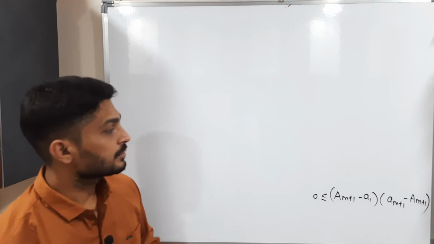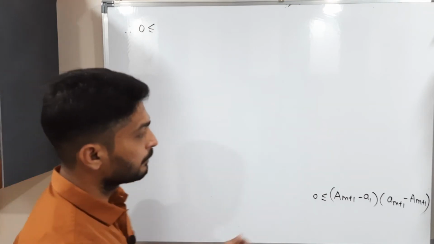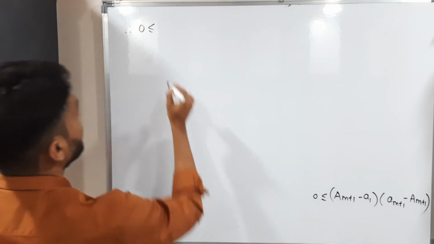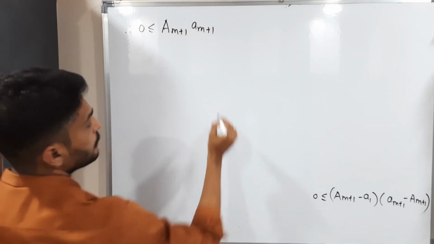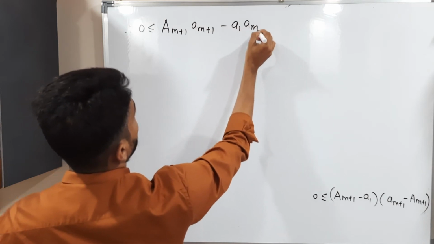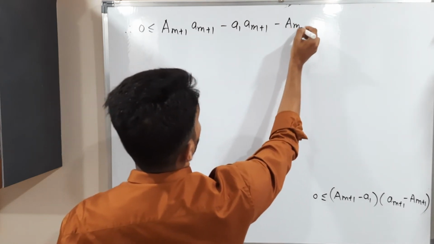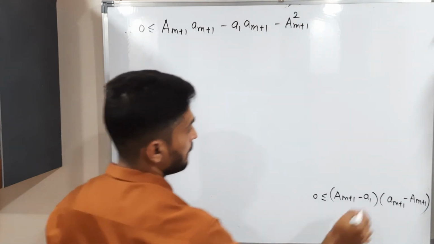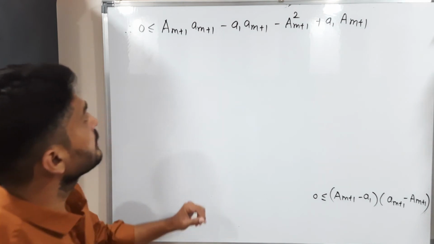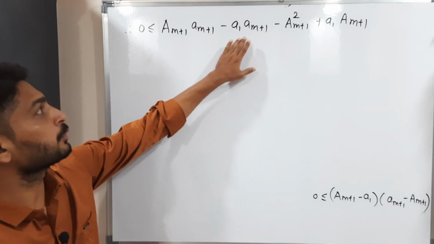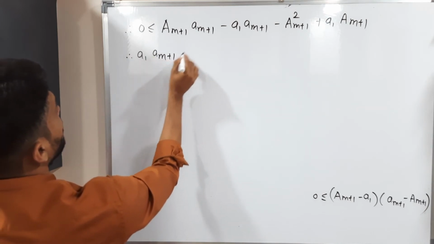Okay. So see, let us simplify it. So therefore, 0 less than or equal to, we will solve these two brackets. So a(m+1) A(m+1) minus a1 A(m+1). Next, this one into that one, minus a(m+1) square we will have, and minus minus plus a1 a(m+1). See, only this term I am going to shift on this side. So therefore, a1 a(m+1) less than or equal to.